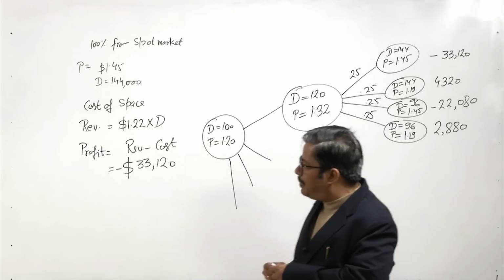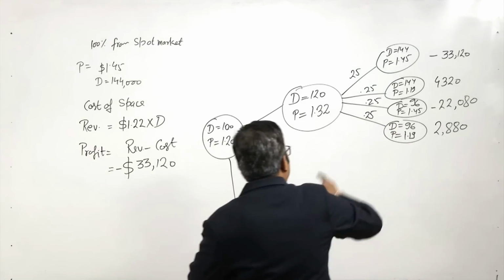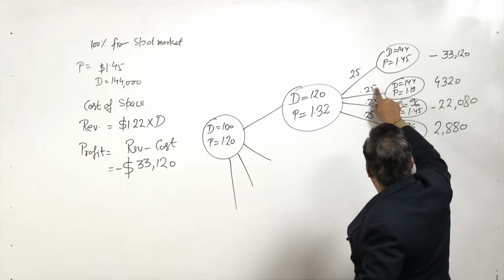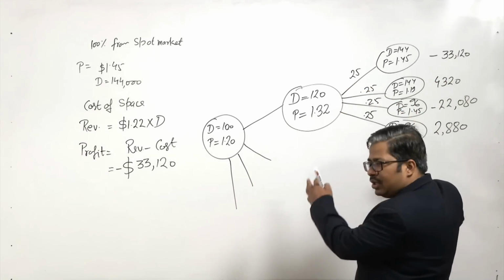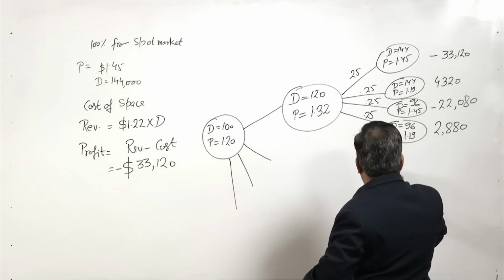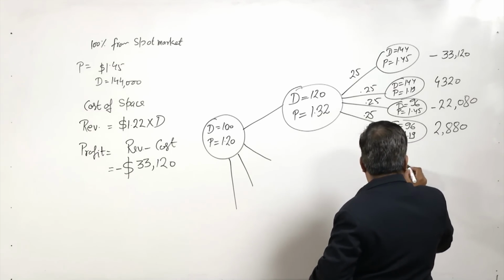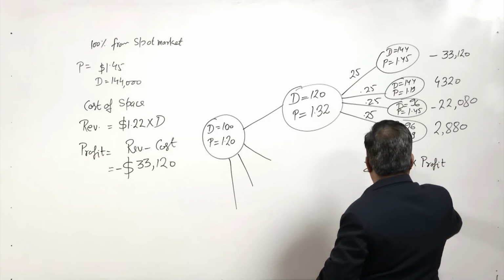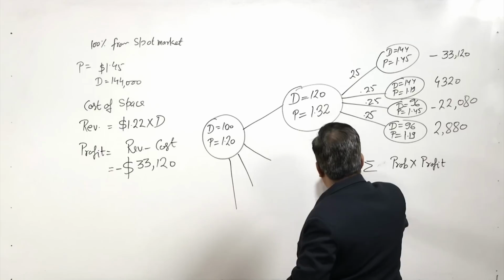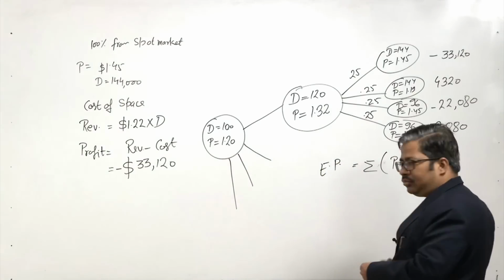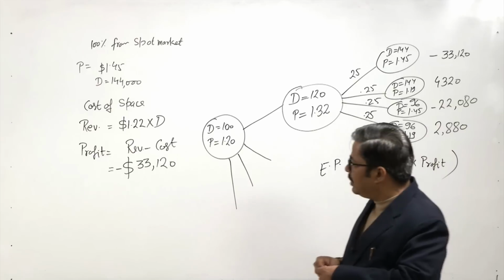So the total expected profit is the sum of multiplying these probabilities with these profits. So you need to get the sigma of probability multiplied by the profits. That sigma is the total expected profit for all these states.